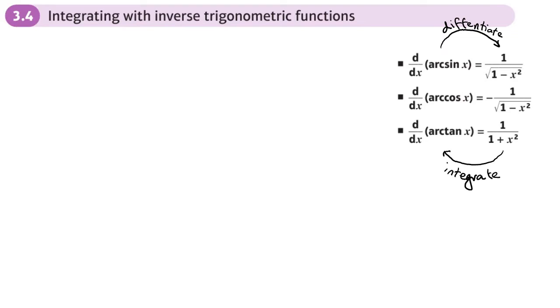Now when we go backwards to integrate, what we're interested in is this x that appears here. If I've got something other than x there, let's say this was 4x, then I need to appreciate that I'm going to get a 4x over here.